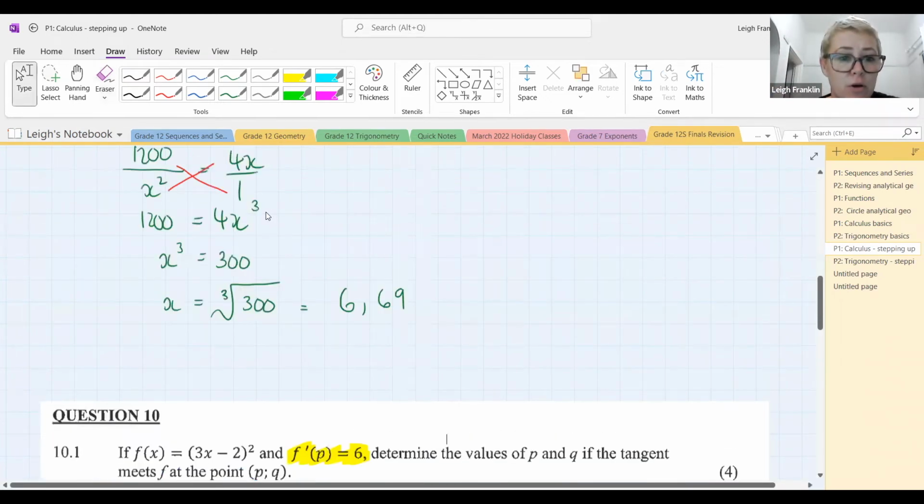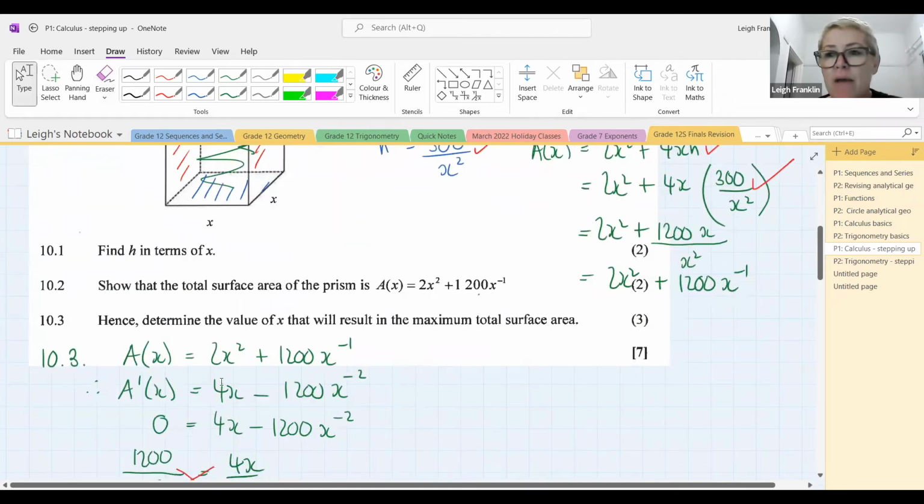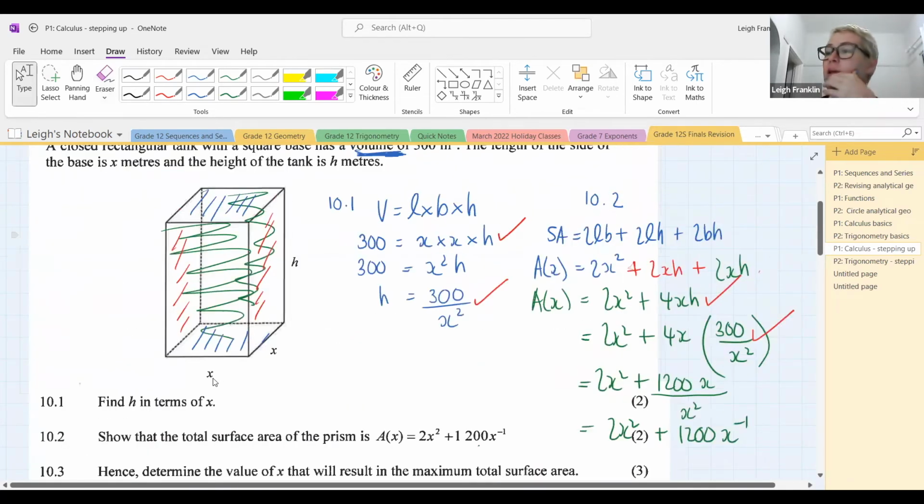Okay, so when you are making it equal to 0, that is when you're doing the optimization questions, like the one that we did over here. And the other place where you are making it equal to 0 is when you're calculating the coordinates at the stationary points on your cubic function, because there your gradient, if you were to draw a tangent to your turning points, would also be parallel to the x-axis, and therefore the gradient would be 0.